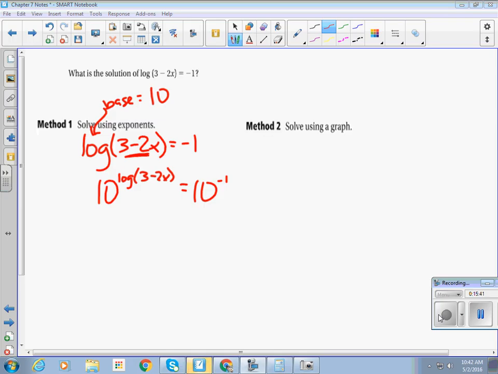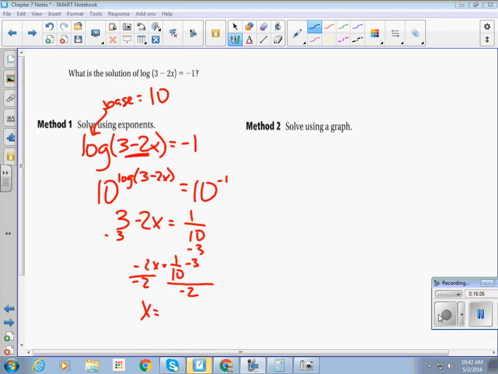So 10 to the log of 3 minus 2x is just 3 minus 2x. And 10 to the negative 1 is 1 over 10. So now I'm going to subtract 3 from both sides, and divide everything by negative 2.